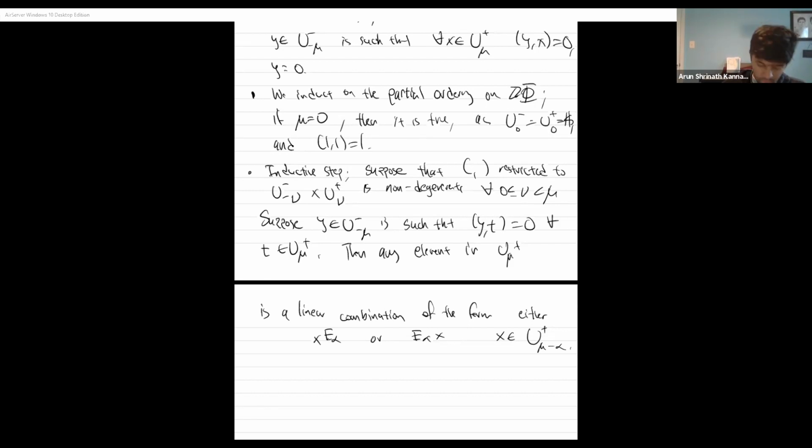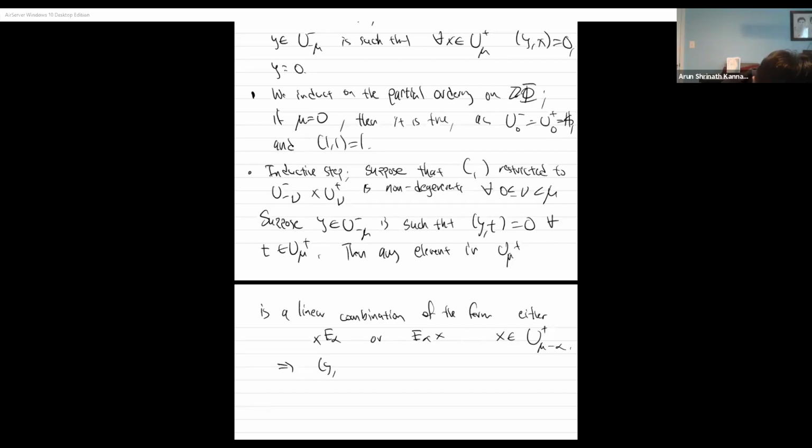Okay, so by the assumption, this implies that y... Certainly, it's enough to consider elements of this form.